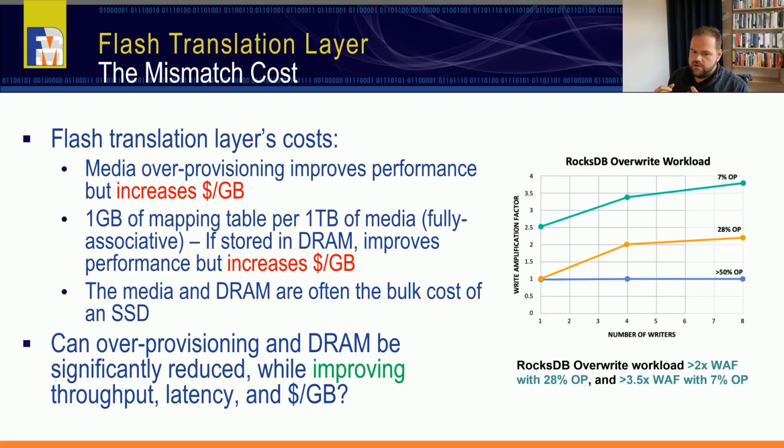It is directly related: if you have very little over-provisioning, like 7%, you can see out here to the right for this particular workload, where we've shown a RocksDB overwrite workload, that at 7% you have a write amplification factor of over 2.5. If you have 28% over-provisioning, you have slightly above 2, and if you have more than twice the media, you always have an opportunity to find a flash block without any valid data in it, so you get this write amplification factor.